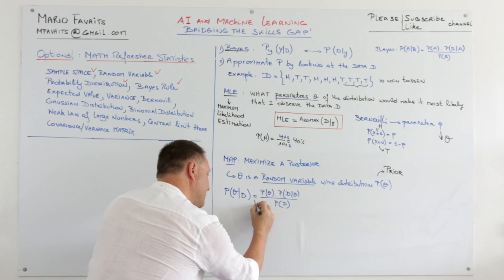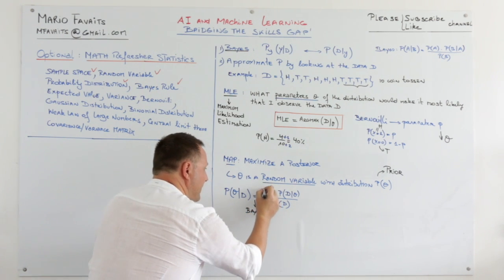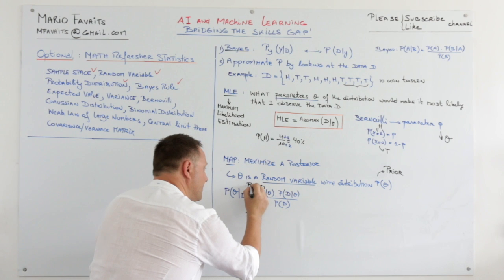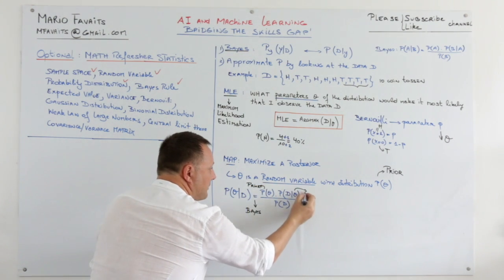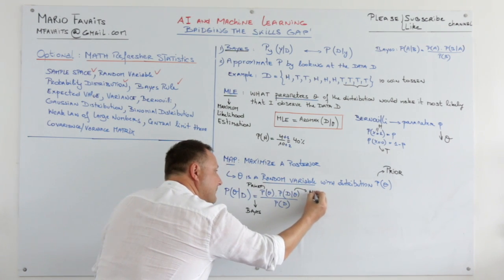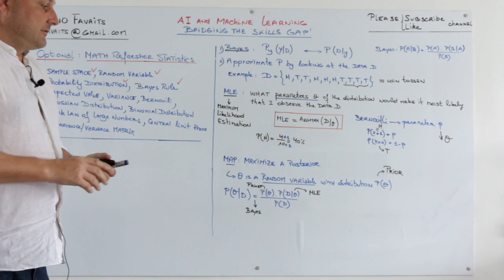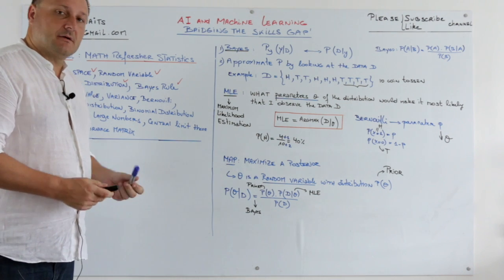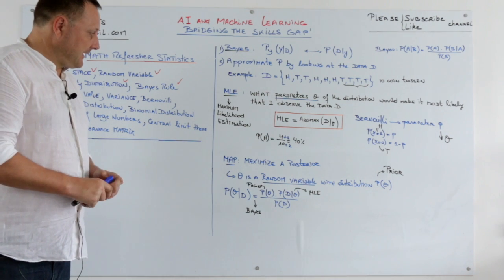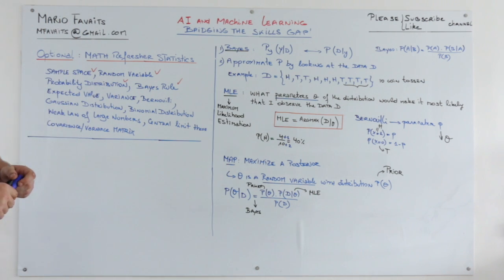This is Bayes. So this is the prior, as we have seen. And the probability of D given theta, this is actually your MLE. Okay? So that's the second way on how to find the distribution or the parameters of the distribution.